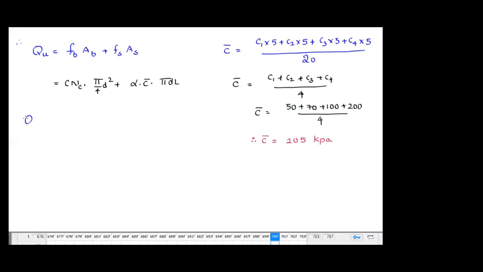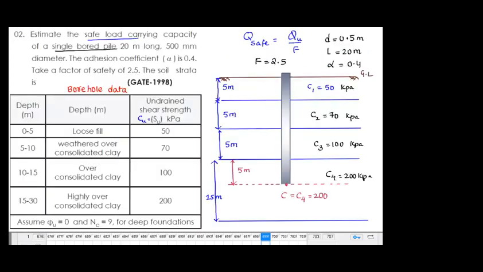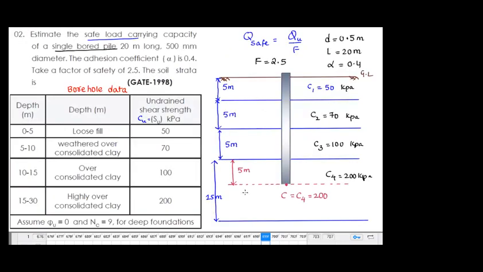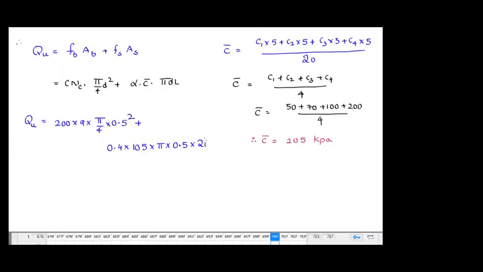So the ultimate load carrying capacity is C value 200 into 9 into pi by 4 into d square, 0.5 square, plus alpha, which is 0.4, into C bar 105 into pi into d value 0.5 into L, the total length, 20 meters. Find out the ultimate load carrying capacity.